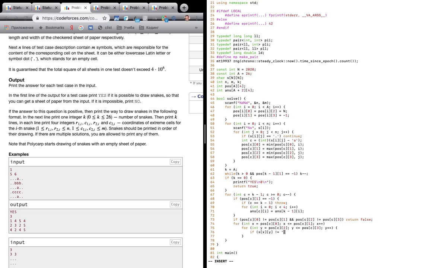It's good if this is our letter, or if it is a question mark. Otherwise, it is bad. And we will change it to question mark because we will paint this segment.